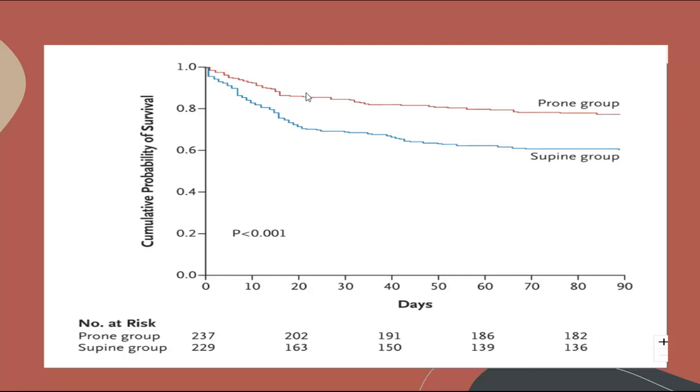And as you see here, they had a very good mortality benefit at 30 and 90 days.